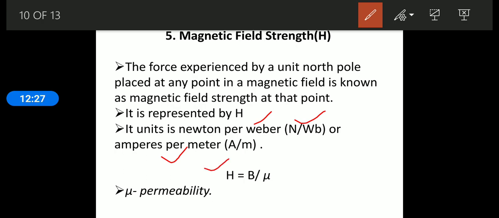Mathematically, magnetic field strength H equals B by mu, where B is magnetic flux density and mu is permeability.